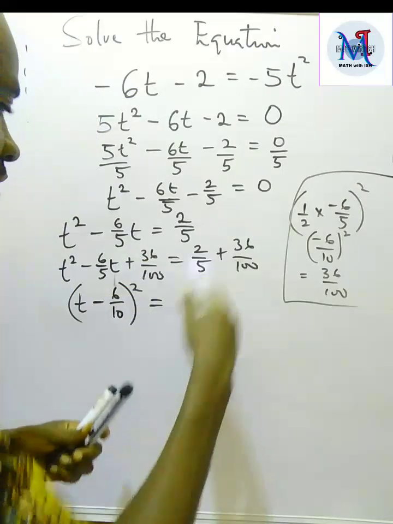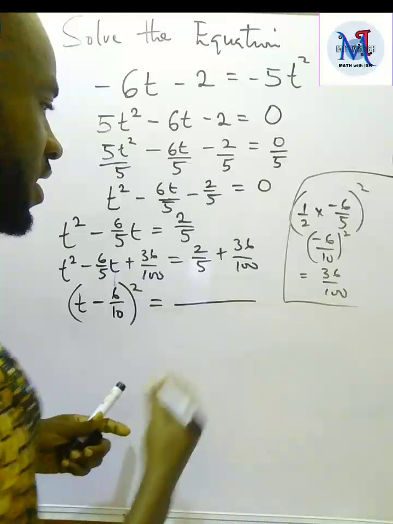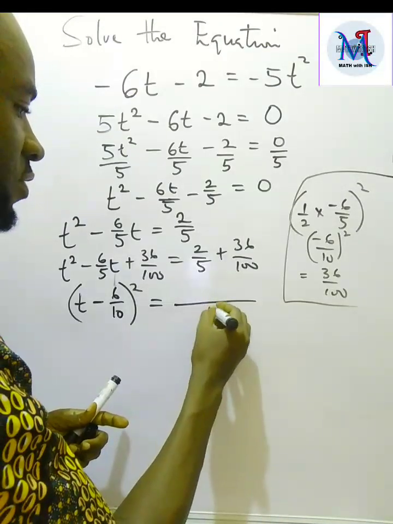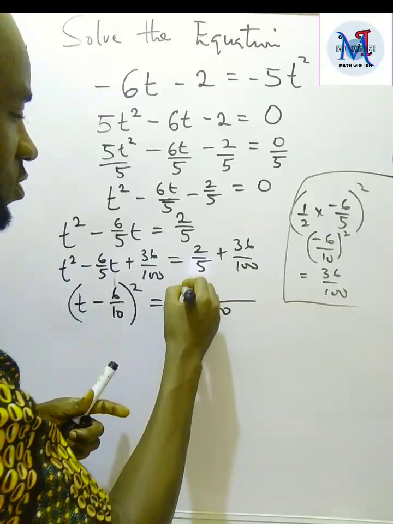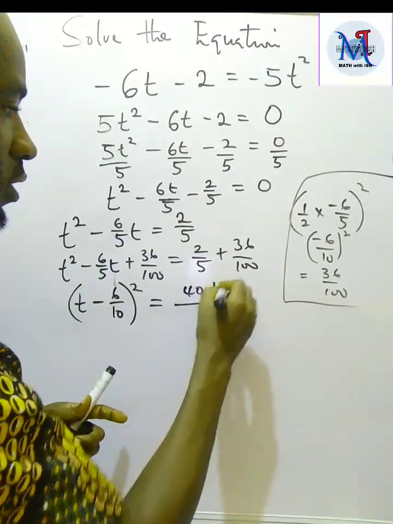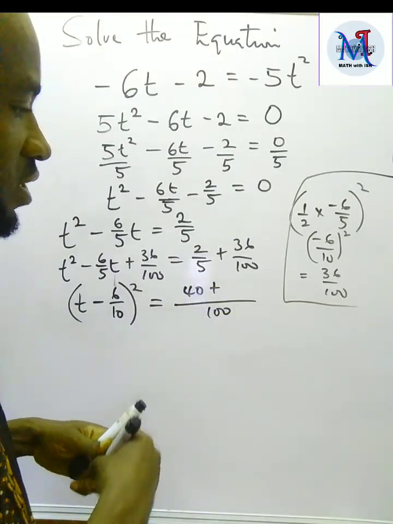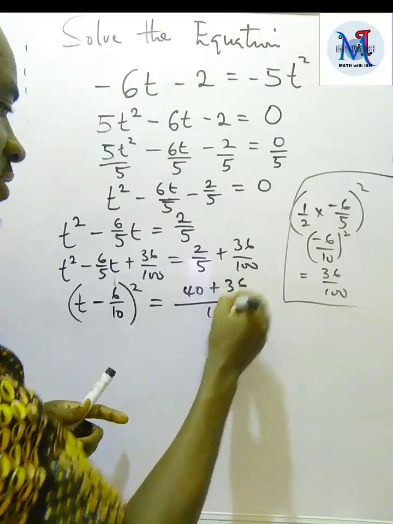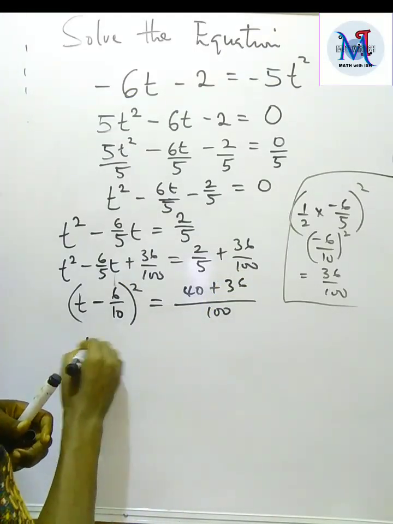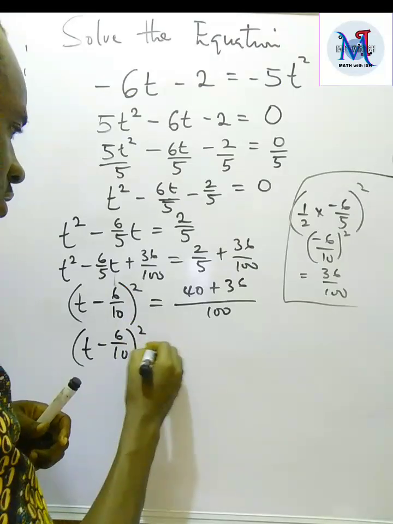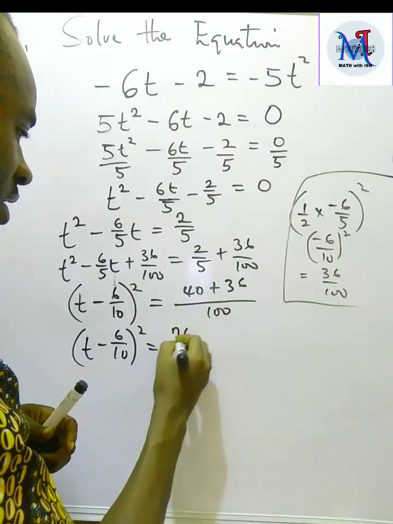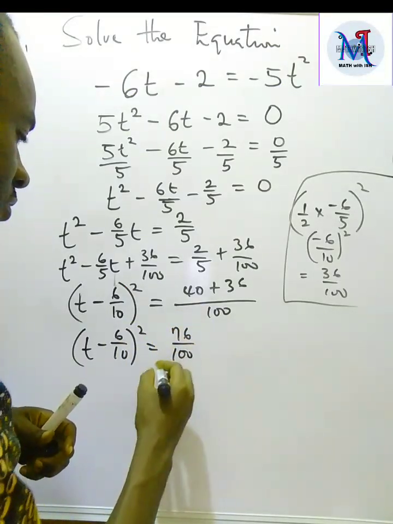Then for this, we are going to simplify this other side. We know that the LCM of 5 and 100 is 100. So 5 into 100 is 20, 20 times 2 gives us 40, plus 100 into this is 1, then you have 36. So I'm having t minus 6 over 10 all squared is equal to, if we add these two together, 76 over 100.